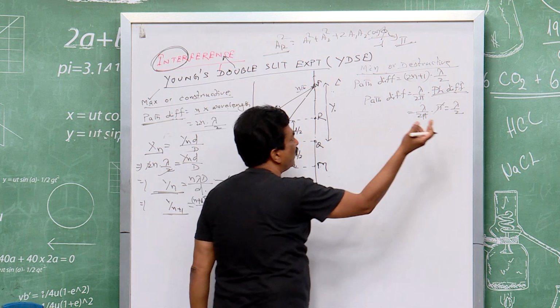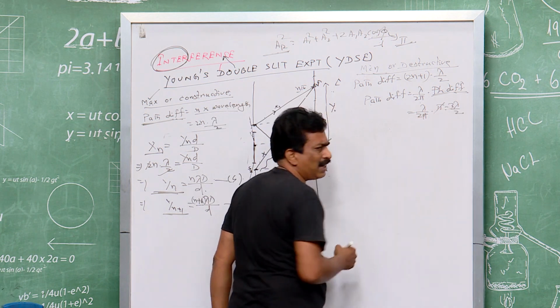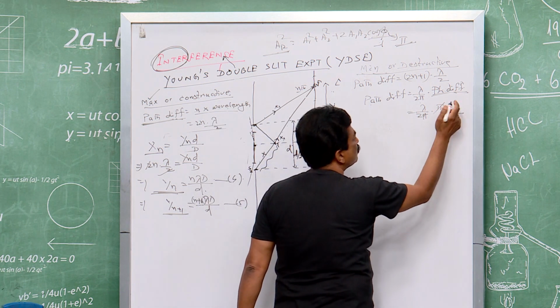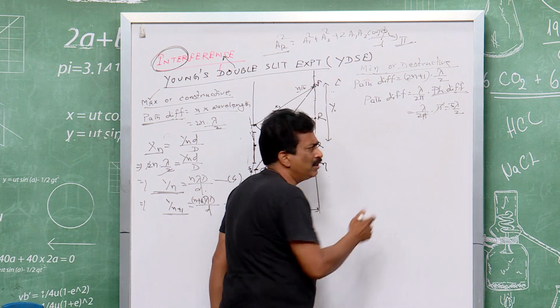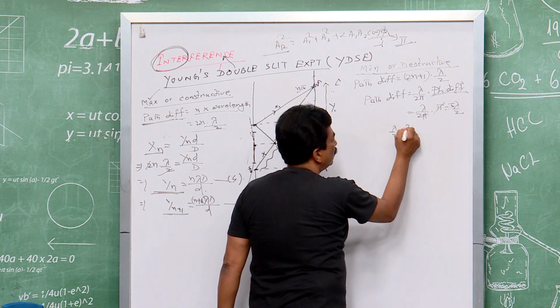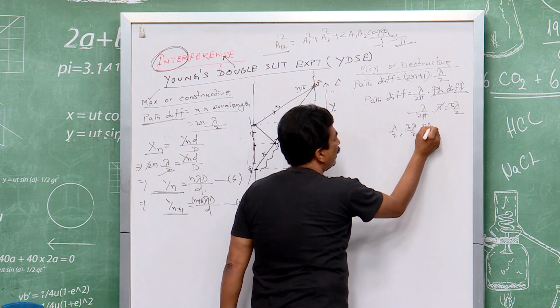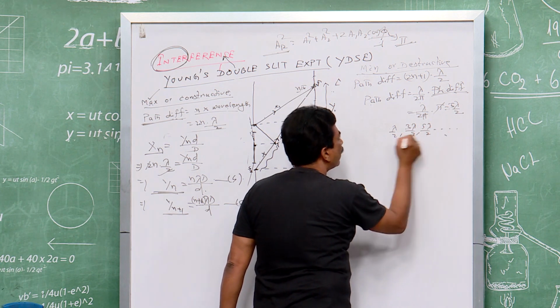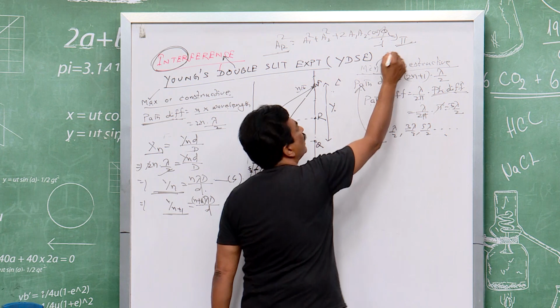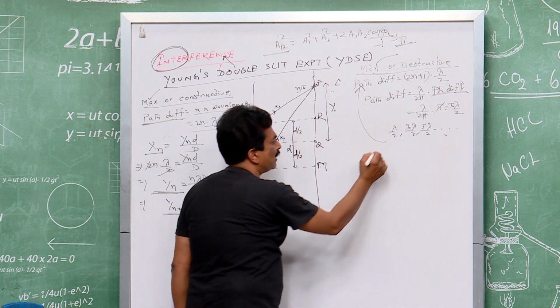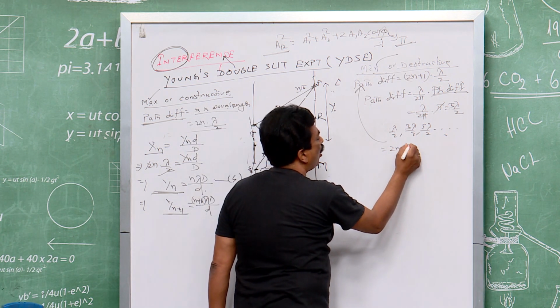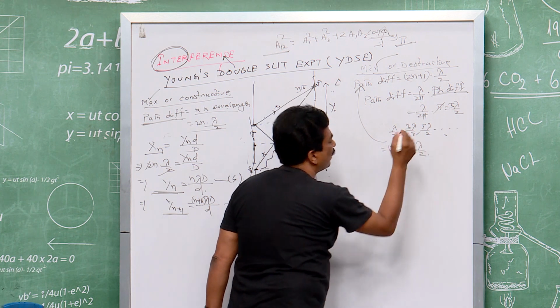If we go for the next one, that will be 3 lambda by 2. If we take the next one, that will be 5 lambda by 2. So lambda by 2, 3 lambda by 2, 5 lambda by 2 correspond to the path difference of the minimum, and that is equal to the odd multiples of lambda by 2.